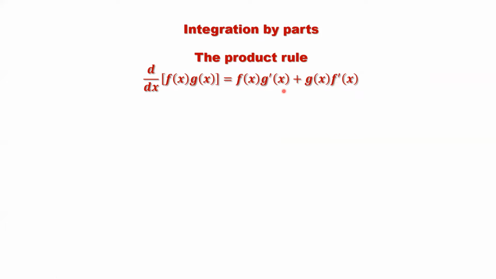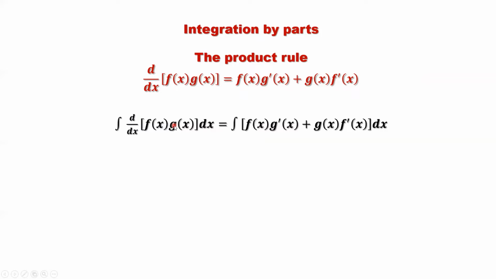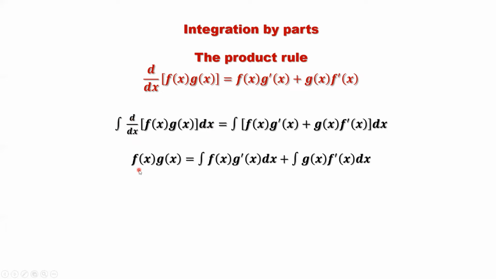Based on this product rule, we integrate both sides with respect to x. On the left-hand side, the derivative and integral cancel each other. That's f of x times g of x.